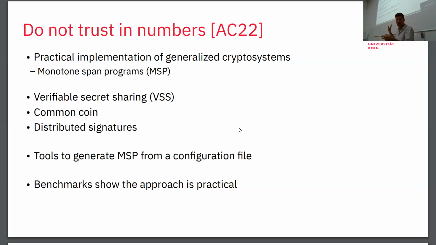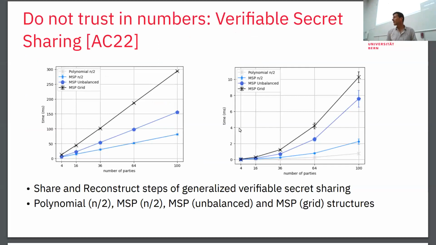And of course, when you do systems research, then you benchmark and evaluate, and you see how it performs. It takes a bit longer, and it depends heavily on the particular access structure that you're using. You see here, the black ones, the ones that are going higher up, are a bit slower in terms of execution time.